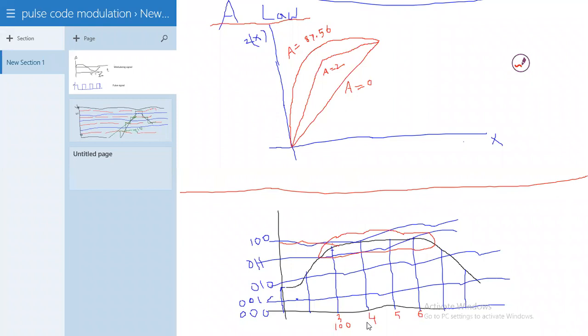So for the third sample, fourth sample, fifth sample and again sixth sample, all these samples have one value. The third sample's code is 1 0 0, the fourth also 1 0 0, the fifth one also 1 0 0, and the sixth one also 1 0 0.